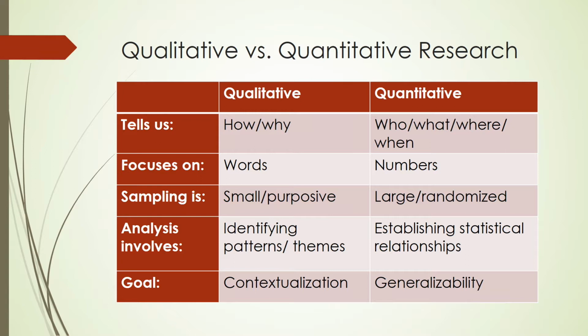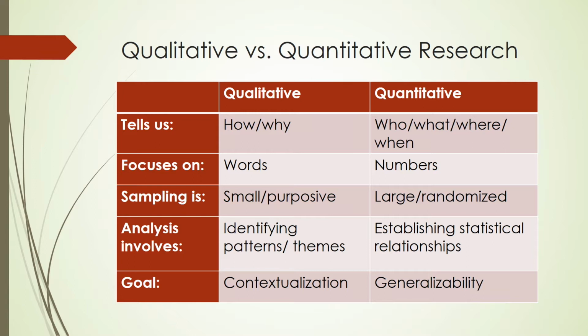And in contrast, in qualitative, it tends to be smaller and purposive, and what I mean by that is your sampling strategy is to actively seek out people who you think are most likely to have the most relevant experiences, perspectives, knowledge that relate to your research questions. And that's okay in qualitative. The point is not to generalize like it is in quantitative, it's to contextualize it.